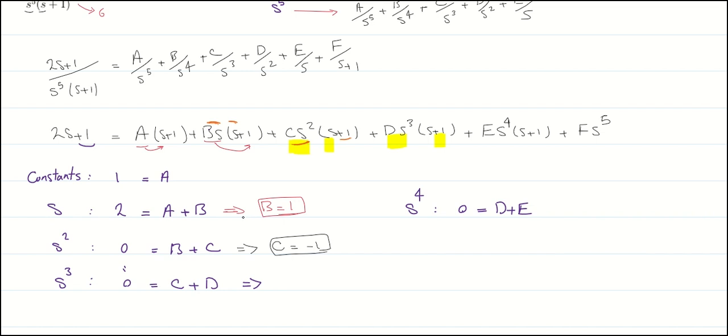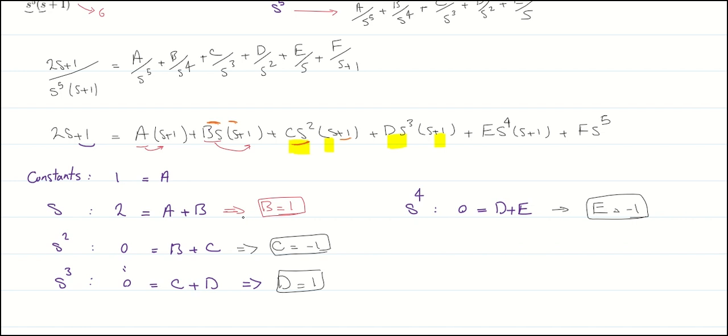So let me just move back to the previous equation. From the previous equation, our d value would be equal to 1, because if c is equal to -1, that means our d is equal to 1 because the equation should be equal to 0. Now, if you get the d value in here, you can move to the next equation as well. So since d is equal to 1, that means our e value is equal to -1, because d plus e should be equal to 0.